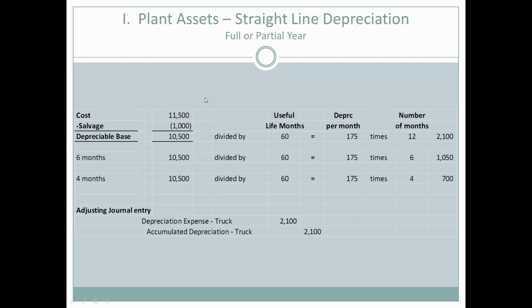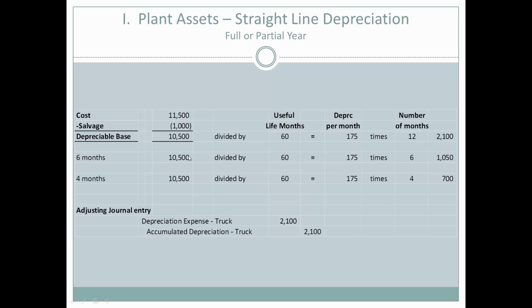I believe in being consistent, especially when you're trying to learn something. So we will do the same thing so we can use the same calculation, whether it's a full year, which is this calculation here, or a partial year, which in this instance I'm showing the calculation for 6 months, and then I'll show it to you again for 4 months.